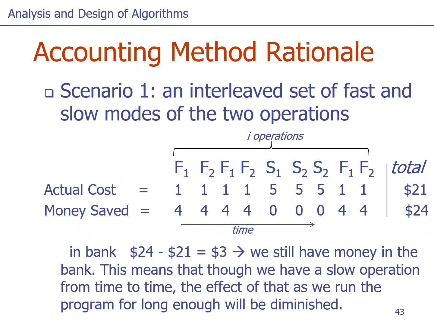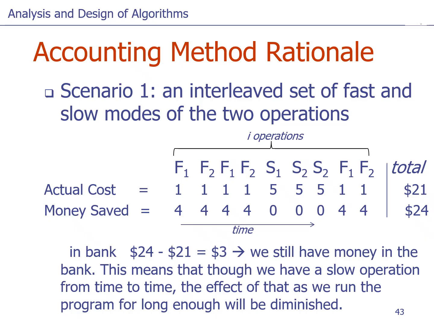Okay? Now, how do I know I have money in the bank to pay for the $21? What we're going to do with every one of those operations, as we invoke it, we are going to calculate the money saved. The money saved is what is called the amortized cost of the operation minus the actual cost.